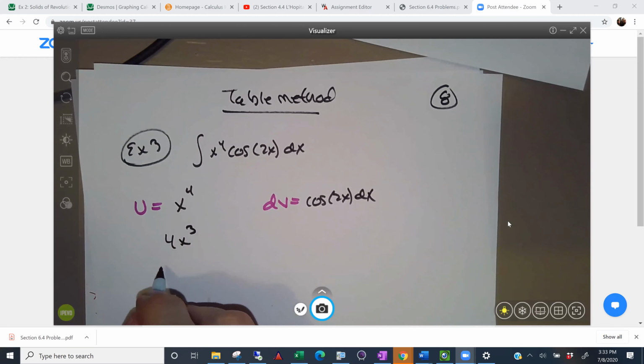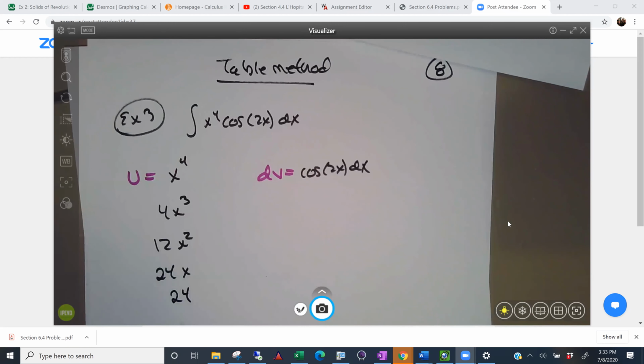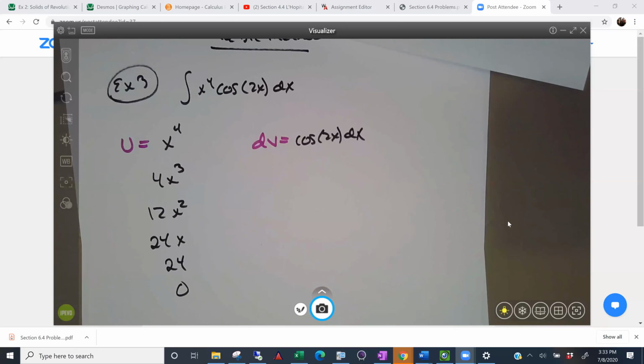Differentiate again. 12x squared. Awesome. Keep going. 24x. One more. That's 0. Awesome. So there are all the derivatives all the way down.